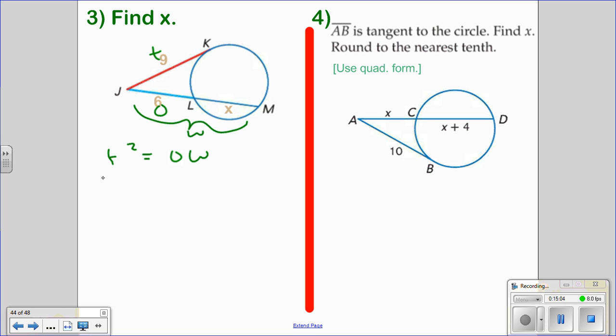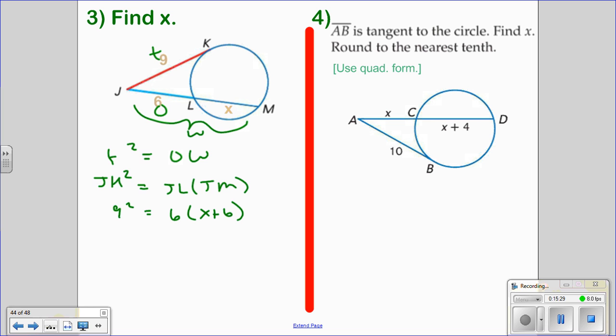So in other words, JK squared is equal to JL times JM. So that's 9 squared is equal to 6 times x plus 6.